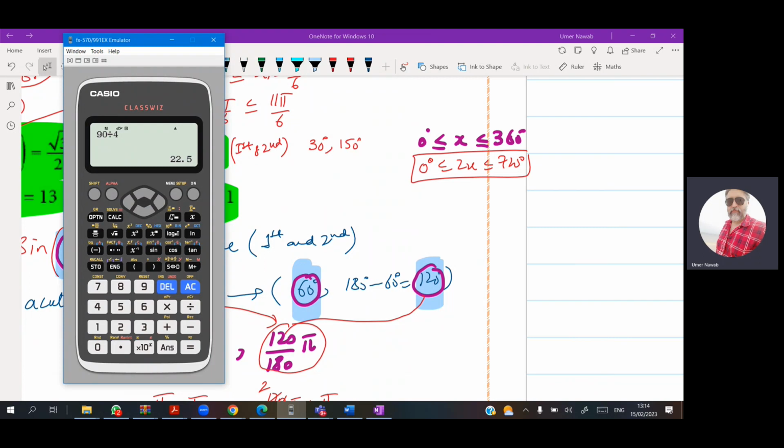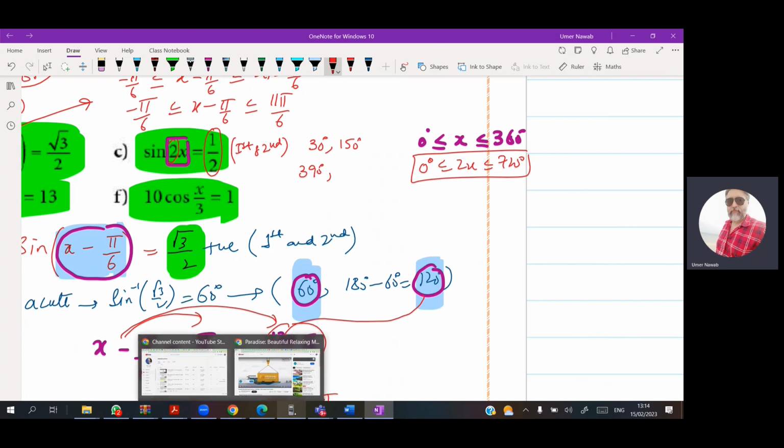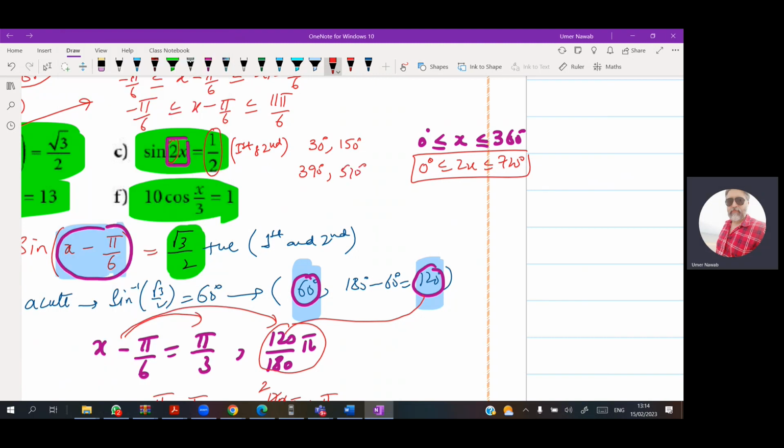How can we get more answers? We need to add or subtract 360 degrees. So 30 plus 360 will give you 390. And to 150 also add 360 degrees to get one more answer, which is coming within the dummy domain, sorry. So 510.